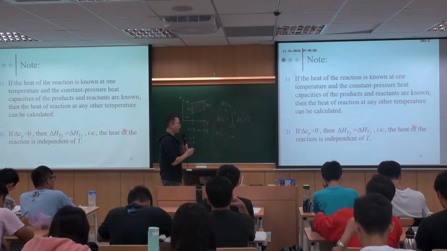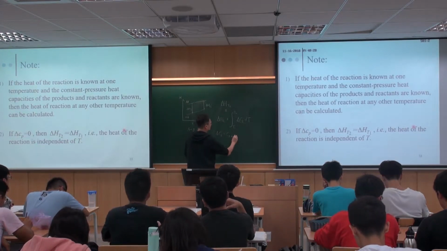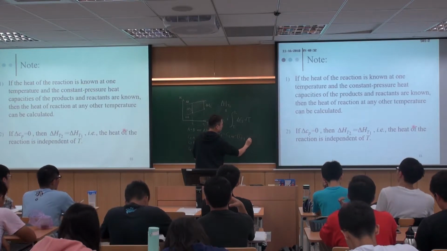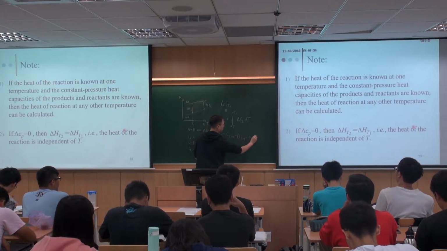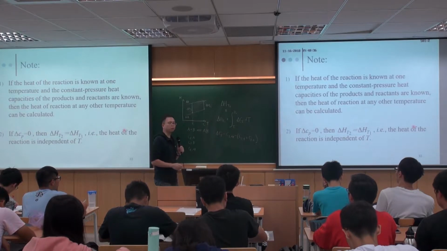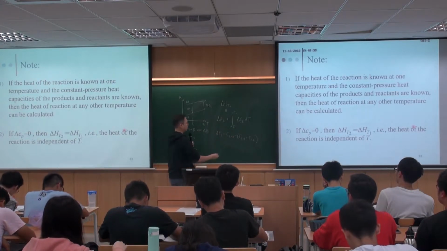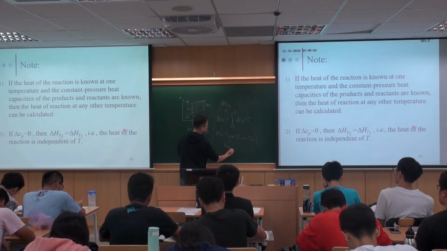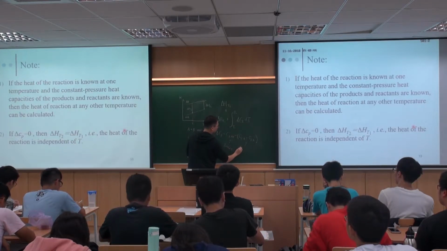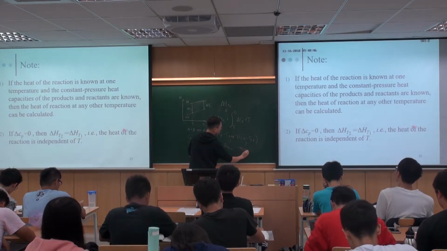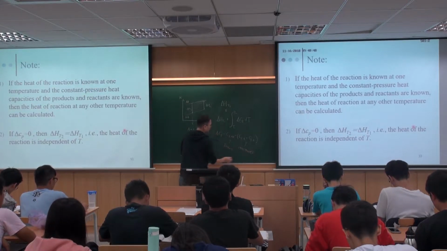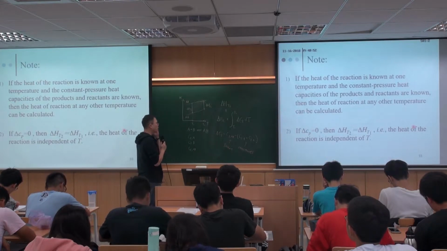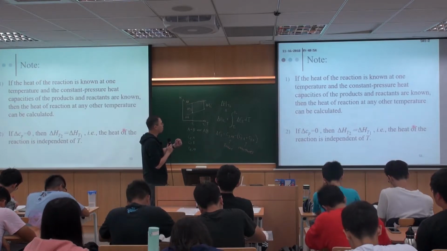the Cp of the products minus the Cp of the reactants. So this is for the product, and these are for the reactants. So this is an example.